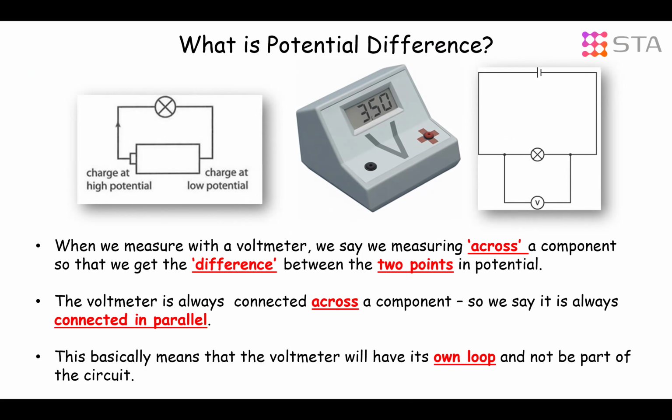The voltmeter is always connected across the component, so in parallel, which means that the voltmeter has its own loop and it has two wires sticking out of it, which connect to the rest of the circuit.